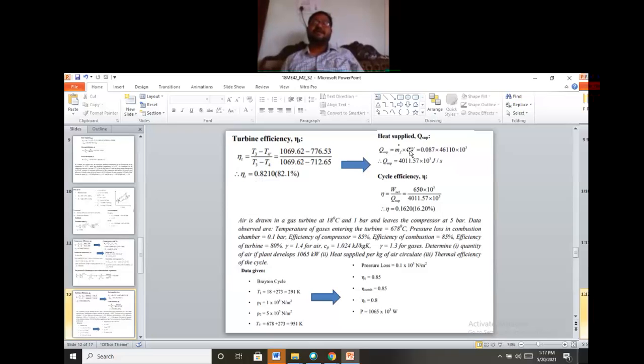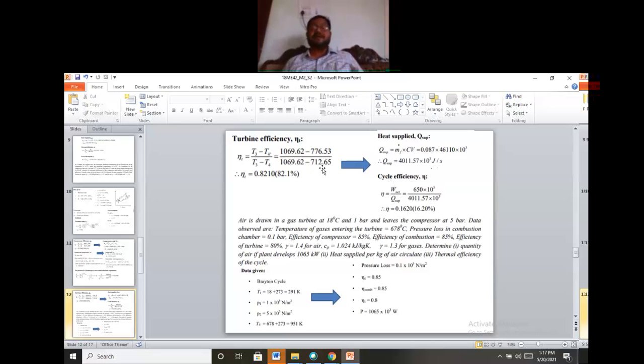Heat supplied Q supplied is m dash Cp into temperature difference, with the fuel calorific value 461.10 into 10 to the power of 3. Q supplied is 4011.57 into 10 to the power of 3 joules per second. Cycle efficiency is W net by heat supplied, which you calculate.